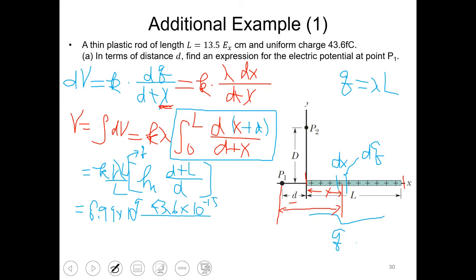L is 13.5 centimeters, so it should be 0.135. This one shouldn't be EX here.